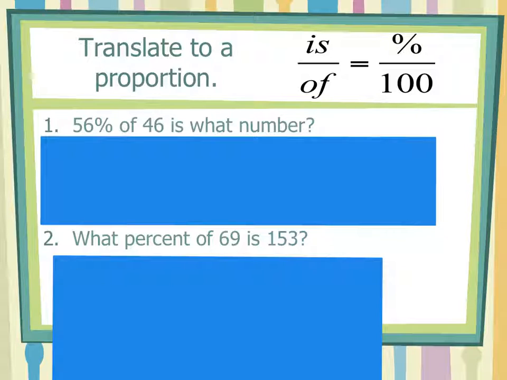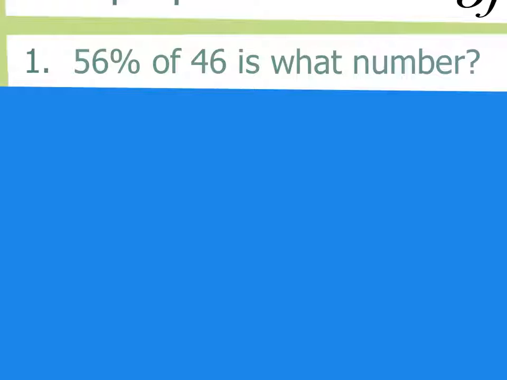What you have to do to set this up, if you wanted to set up a proportion, is as follows. Way number 1 is to say, okay, 56 per 100, and literally write that down. 56 is to 100, or 56 per 100, is the same as what number out of 46?